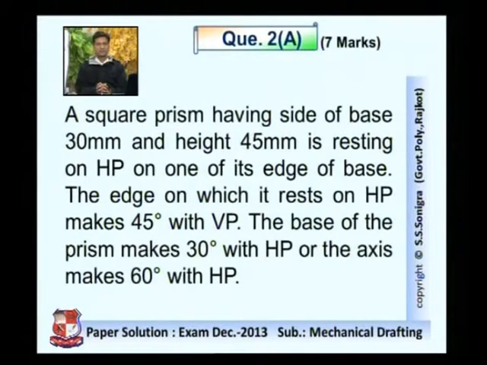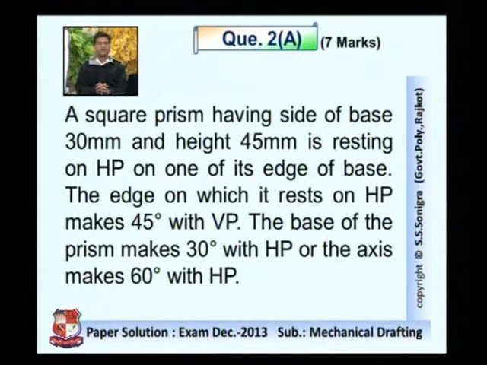Hence, in case of a square prism, its top view is a square having side length 30 mm, and front view is a rectangle having width equal to 30 mm and height equal to 45 mm, which is given in the data. Now it is resting on HP on one of its edges, meaning we have to tilt the prism in such a way that its base makes an angle of 30 degree with HP, or its axis makes an angle of 60 degree with HP.